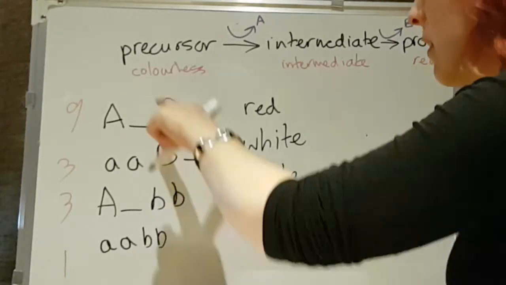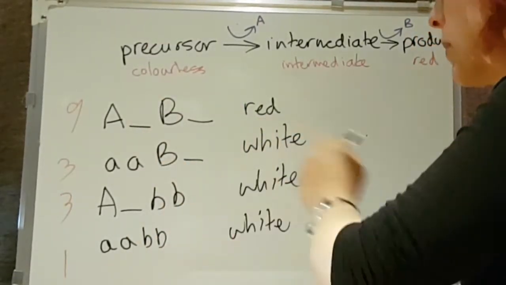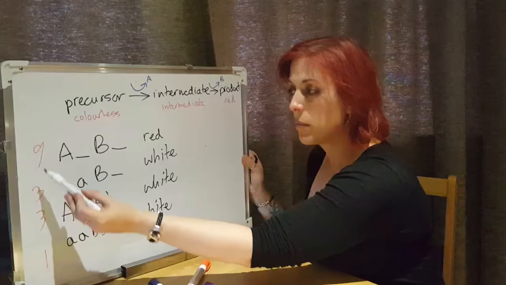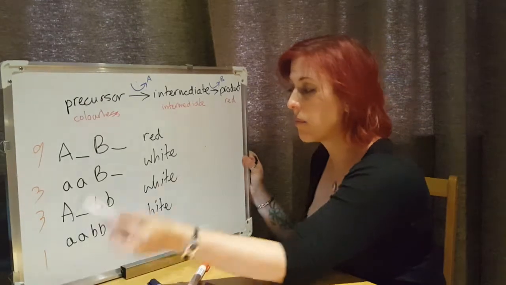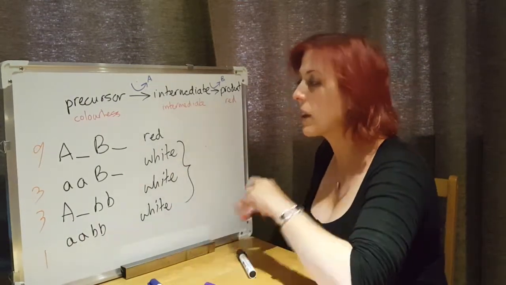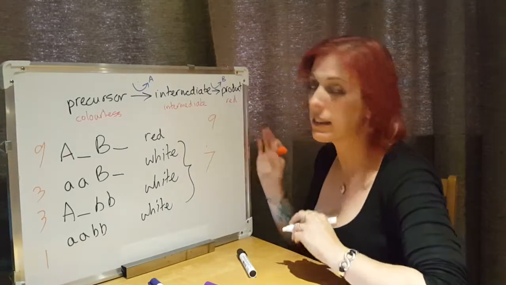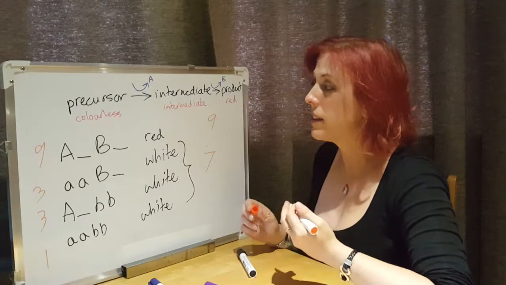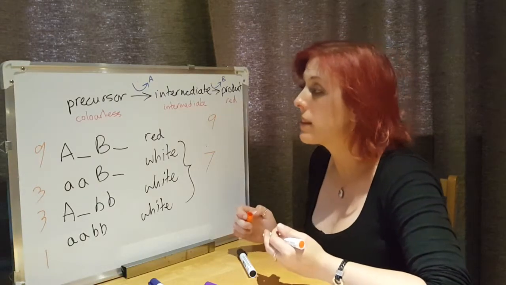And then here, nothing's going to happen at all. The flowers will be white. So this part of the Mendelian ratio, the 3 to 3 to 1, we combine it all together and we end up with this modified ratio of 9 to 7. This is an example of complementary epistasis.